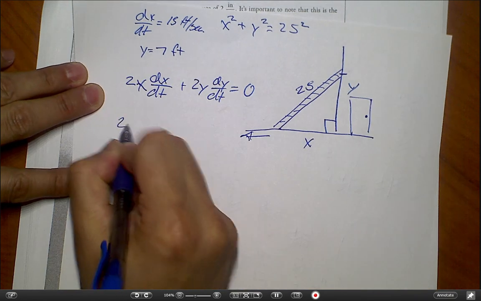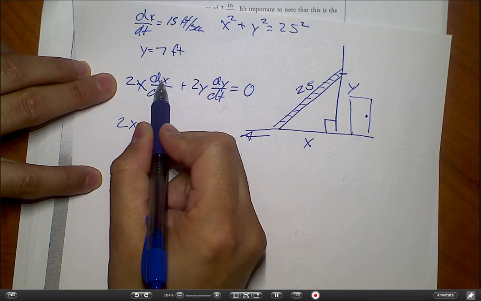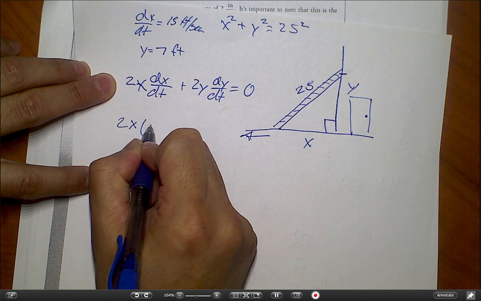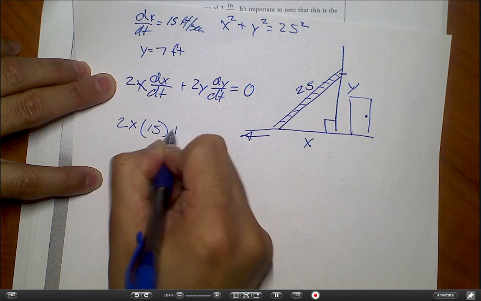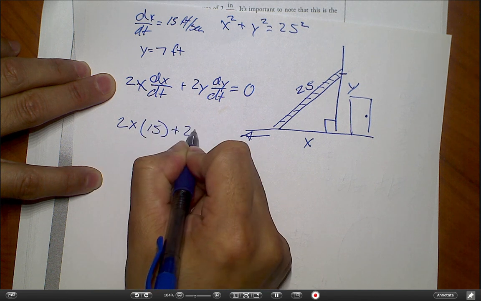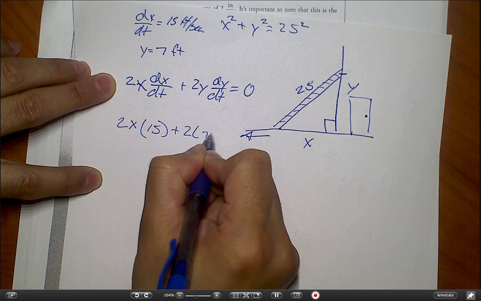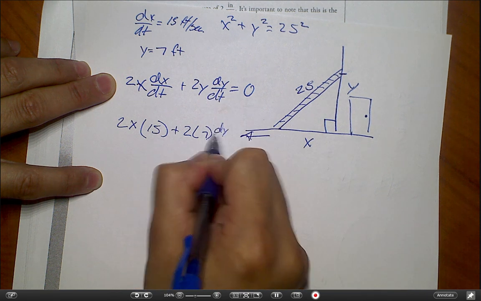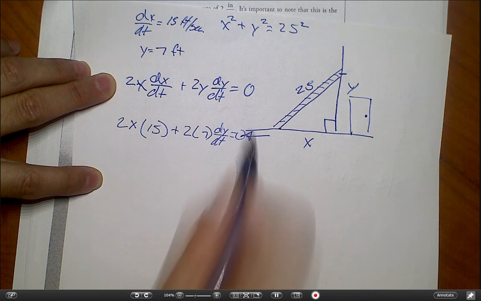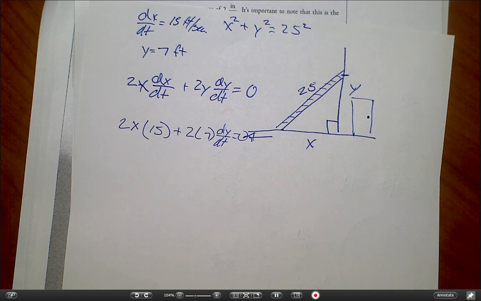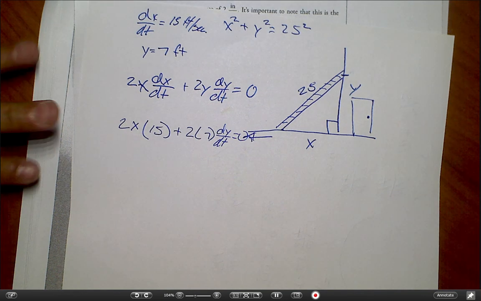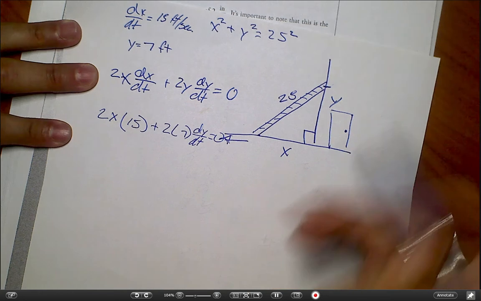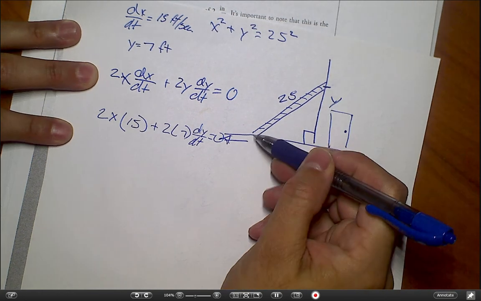So it's going to be 2x, and my dx/dt is 15, plus 2 times 7, and dy/dt equals 0.